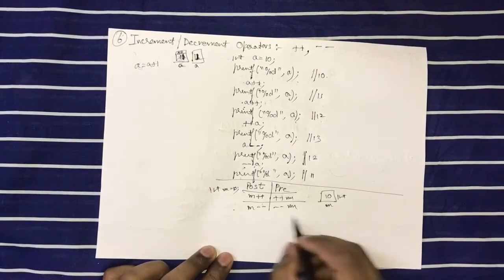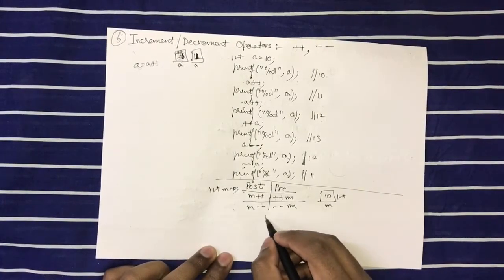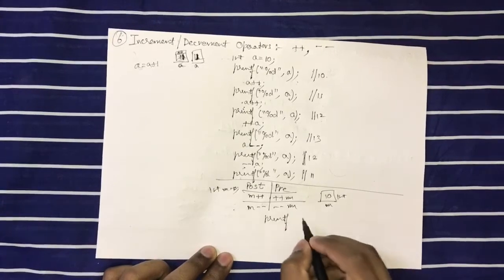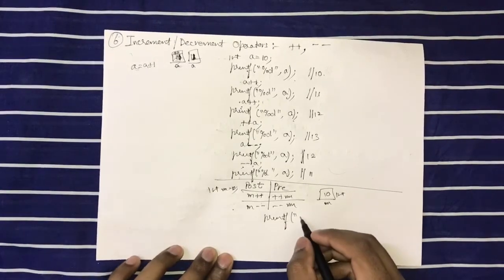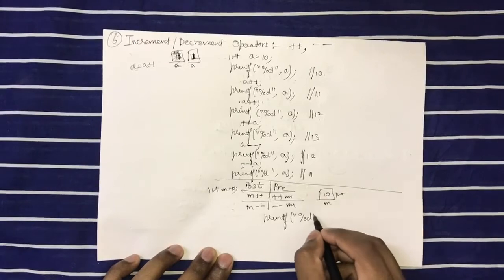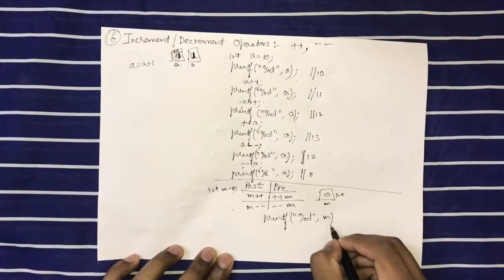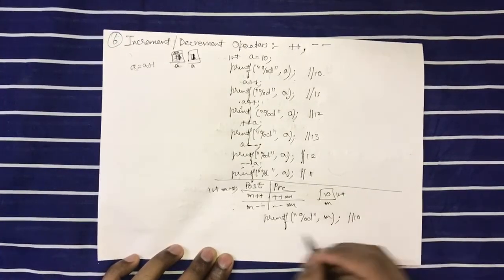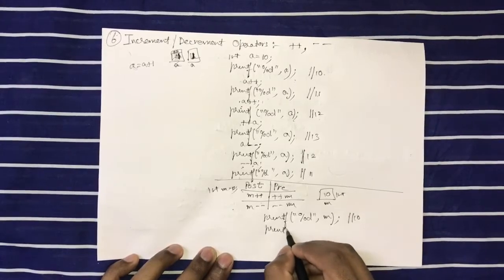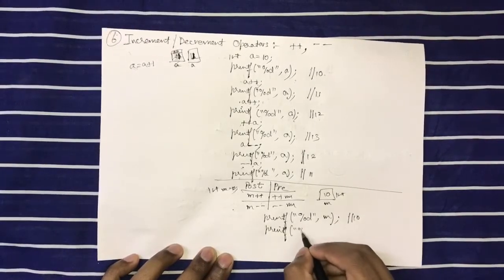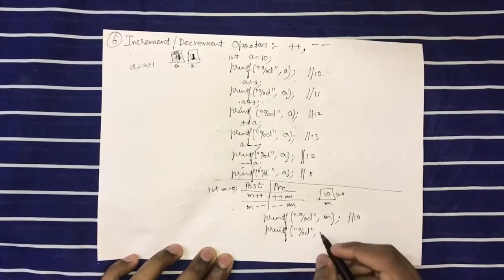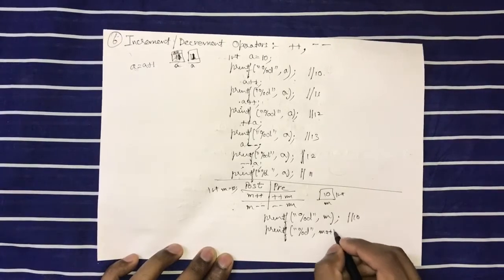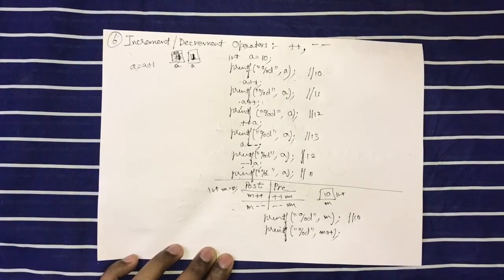Say now I print the variable, printf m. What would be printed? 10. Now I print printf %d m++. What would happen? This is post increment. Post means later on.